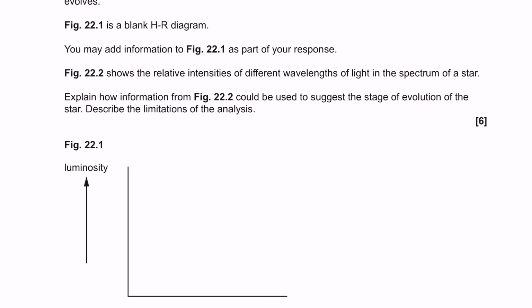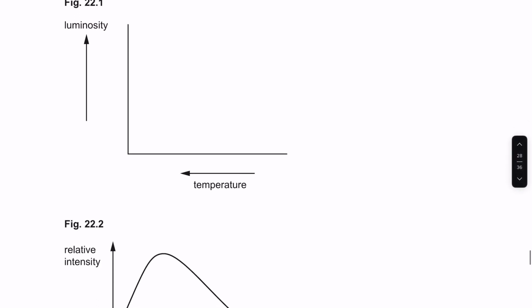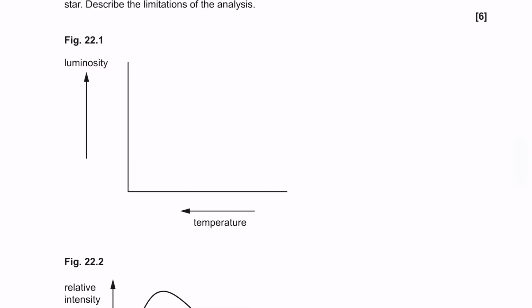So let's just focus on the HR diagram first. For a star that has a mass similar to that of our own star, we have obviously the main sequence, which is just a band in the middle over here. And our sun is somewhere here.